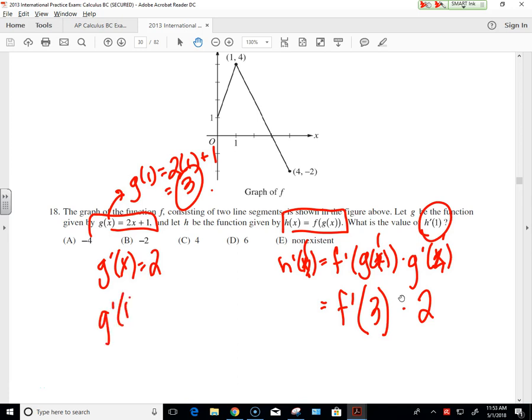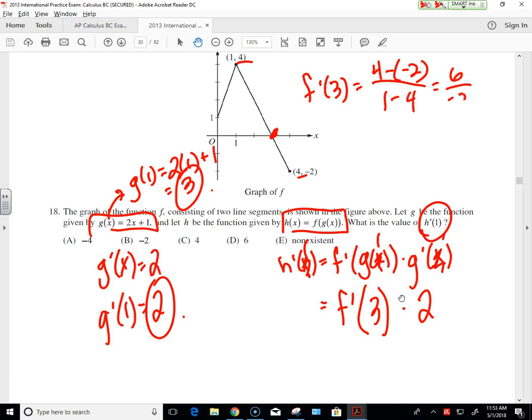Because it's a constant. So I can plug in my 3, I can plug in my 2. My f prime of 3 is going to be the slope of the line with these 2 points. So my f prime of 3 is going to equal y1 all over x2 minus x1, which would equal negative 2 times 2. I would say A.